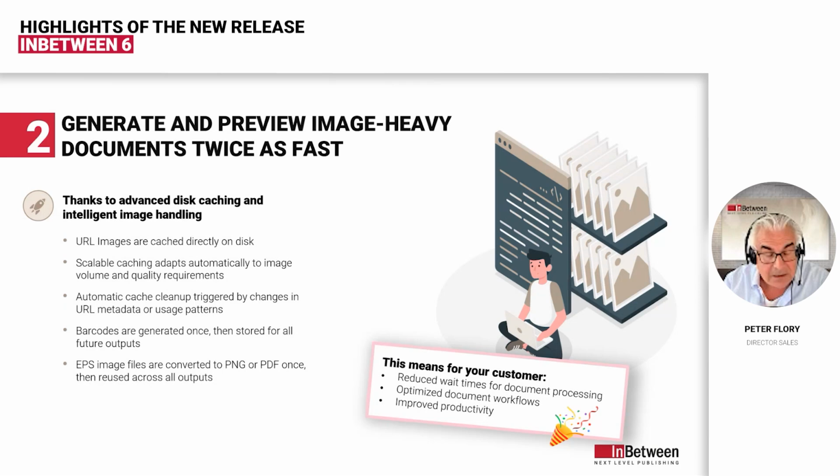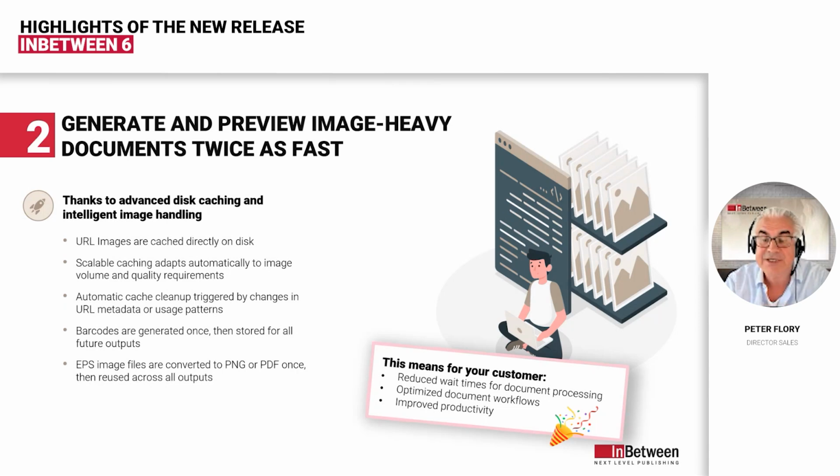We can scale this caching mechanism to adapt to higher image volume and higher quality requirements for those images. There's an automatic cache cleanup. Whenever something changes in the metadata for the images, we can clean up the cache and reload it.